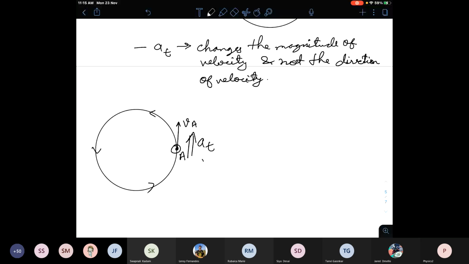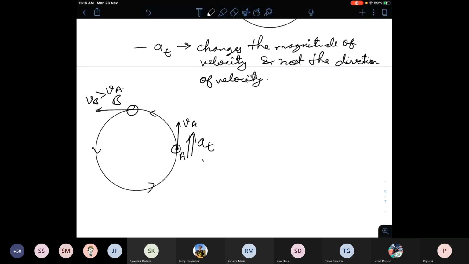Because of tangential acceleration, it starts from point A with velocity va. When it reaches point B, its velocity at point B is greater than the velocity at point A. The magnitude, the speed, at B is greater than at A. The direction changed because of centripetal acceleration, which we will discuss in another part.